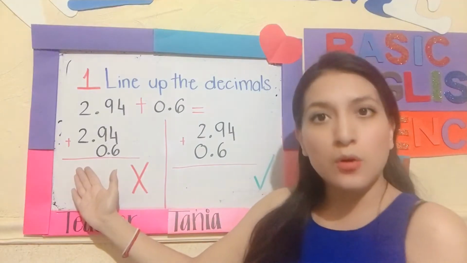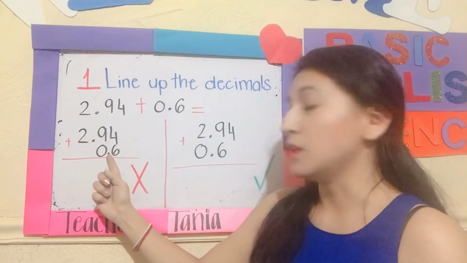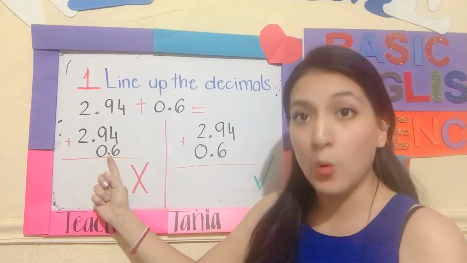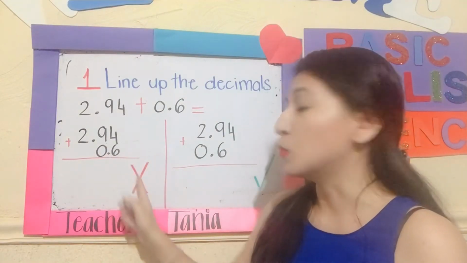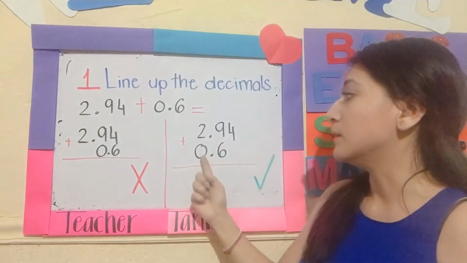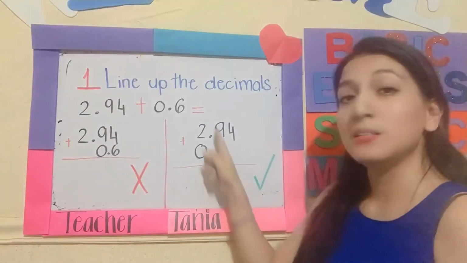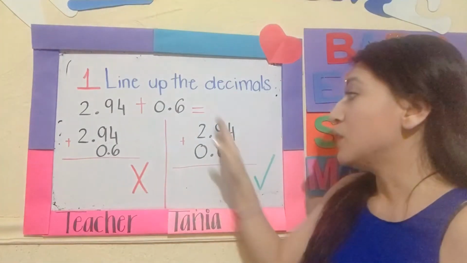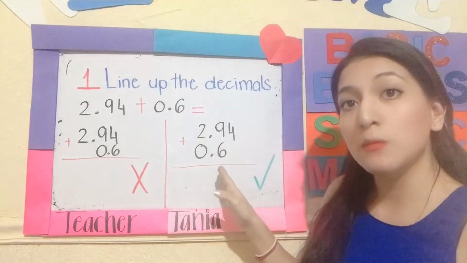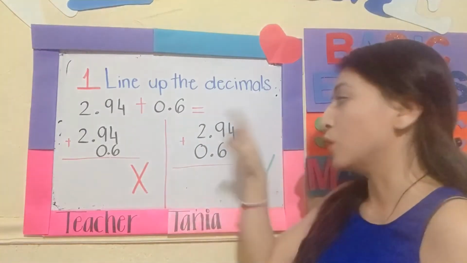And it might look correctly, but it's not. There is an important issue here, which is the decimal point. That's why this is wrong. This way, we line up the wholes and the decimals, and we take the decimal point as a reference. If we keep up the decimal point in the same place, it's much easier for us to solve this operation.